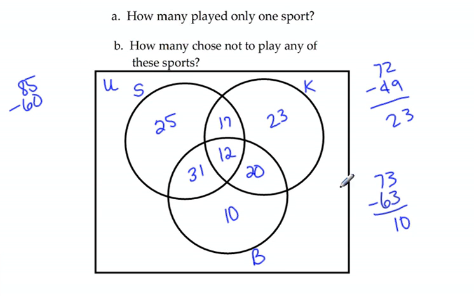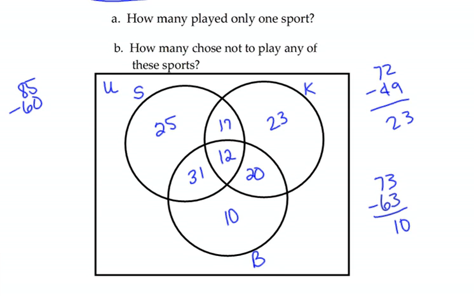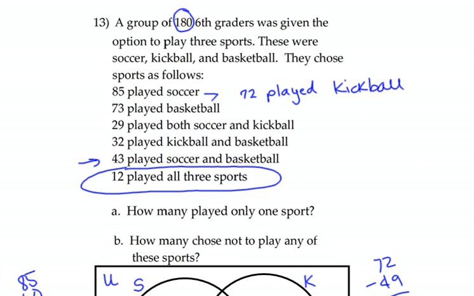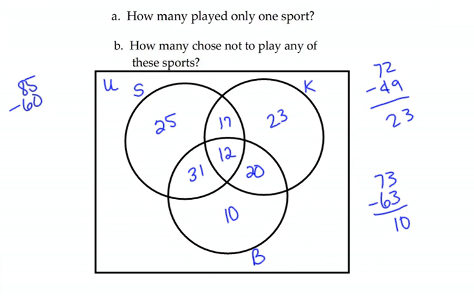Now, before we go on to answer our questions, let's finish our Venn diagram with students who maybe did not fall into any of those categories. Because from the beginning of the problem, we saw that 180 graders, that group, was given the option of playing. So if I have 180 total students, I'm going to subtract the sum of all of these numbers that I've already placed into my diagram.